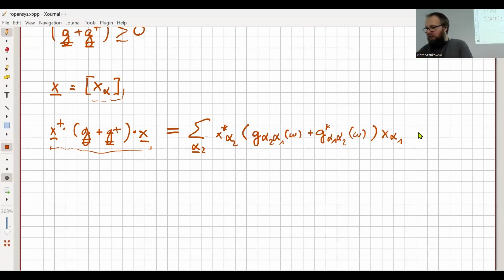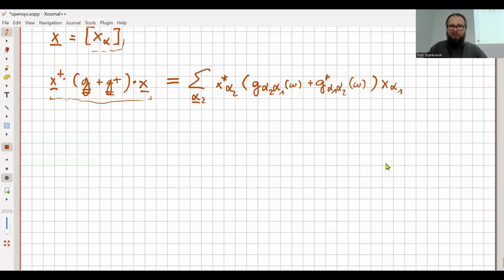And how come is it so? Well, we have to put in what G means to make any progress. So we have the sum over alphas, x alpha 2 star x alpha 1. And what are those G's? They were half of Fourier transforms, if you remember.